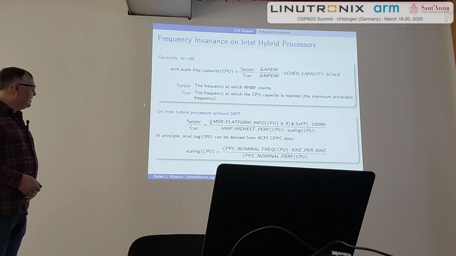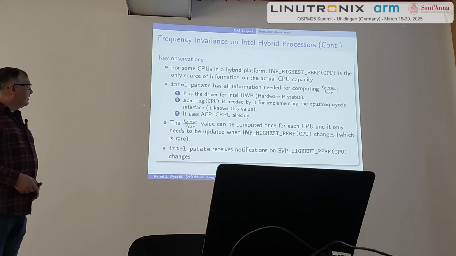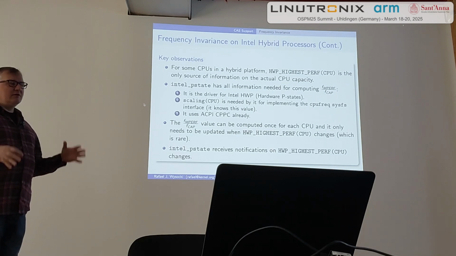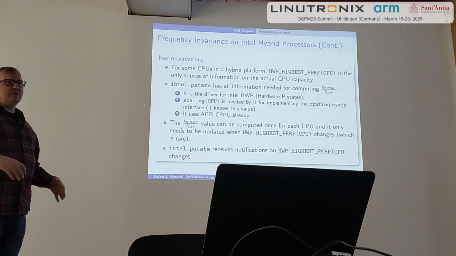But overall, this is okay. The key observation here, actually there are a few of them, and one of importance is that HWP is the only way to get the information about the full capacity of a CPU on some hybrid platforms, because there are no other registers where you can get that information from.